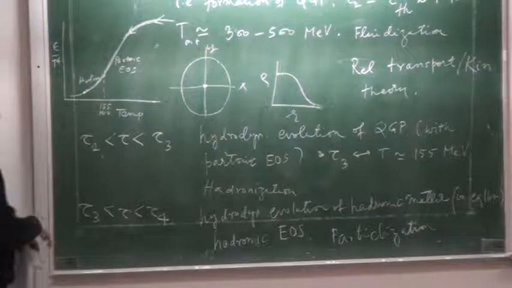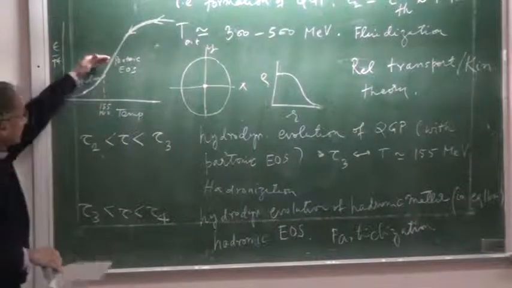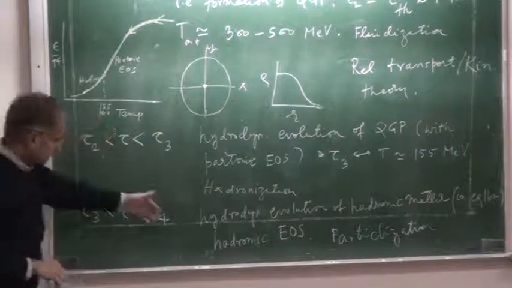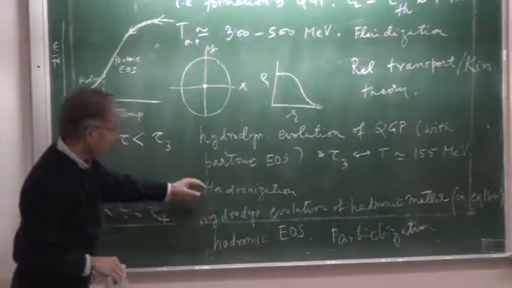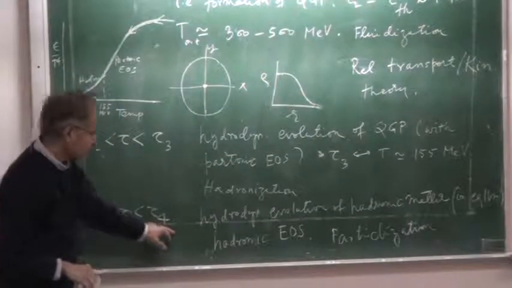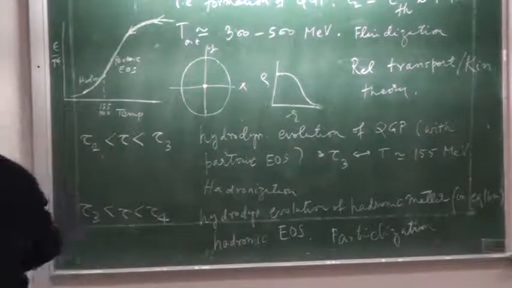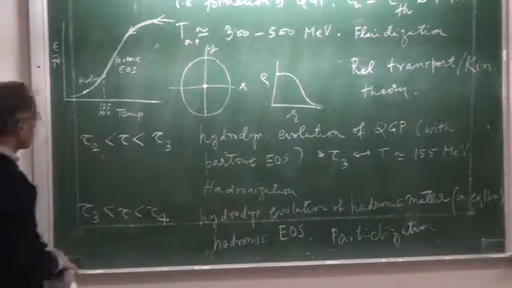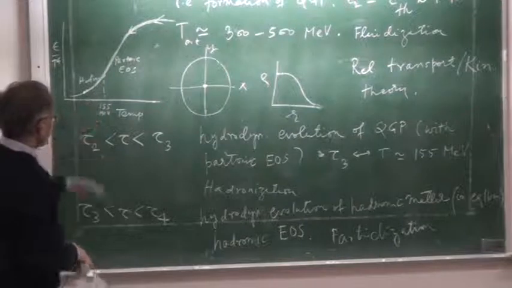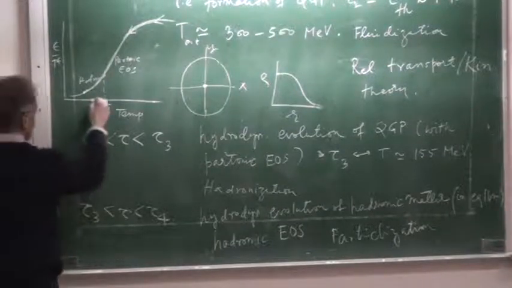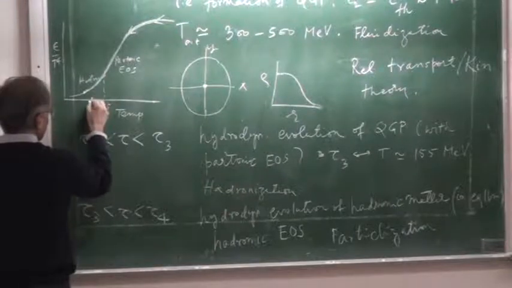So it's being assumed that even a little beyond 155, and as I said, the difference is not much. This was 155 temperature, this was 150. After tau phi, tau 4 to tau phi, so this 150 would be here.